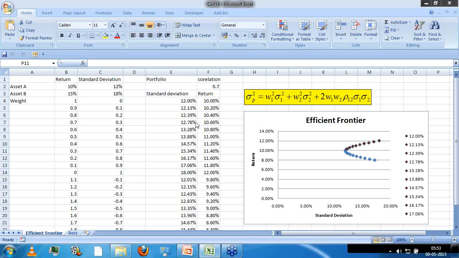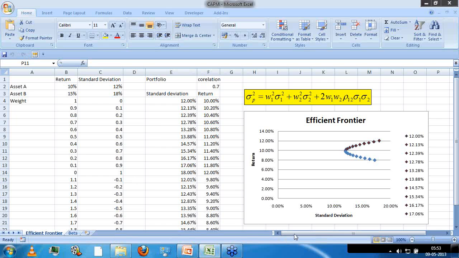As far as diversification is concerned, a high positive correlation won't achieve you a great amount of diversification, won't give you lower risk.